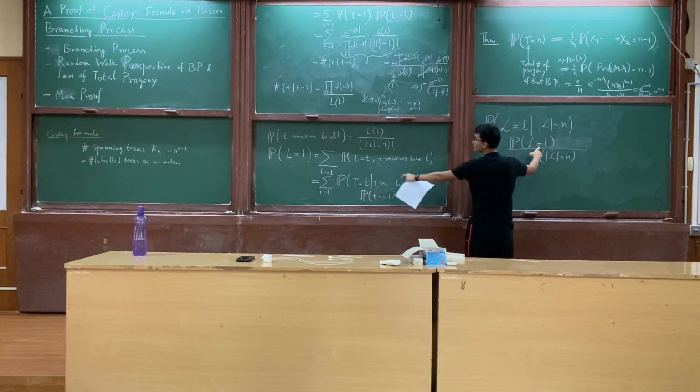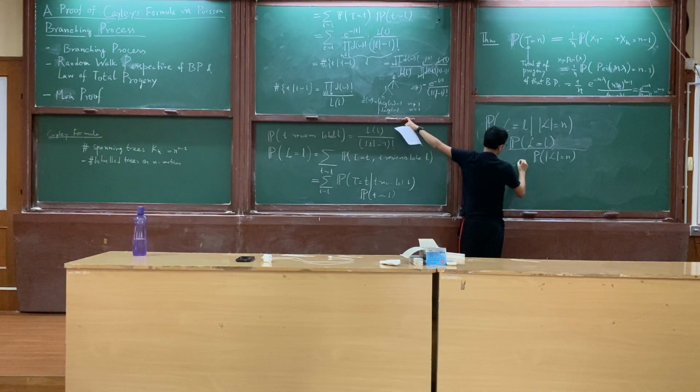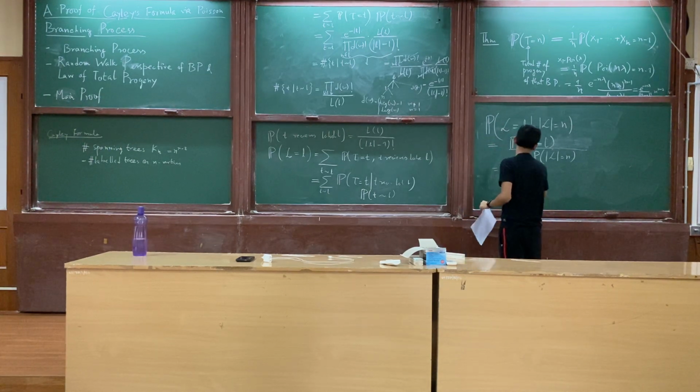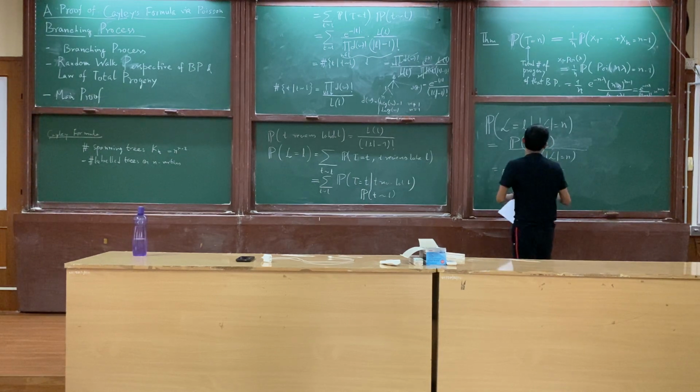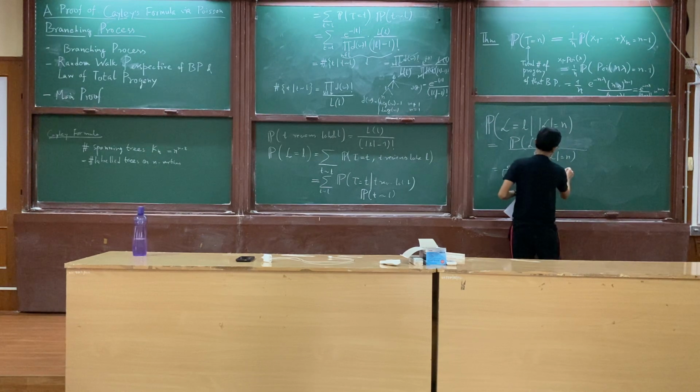As you have computed there, this is e to the power minus n divided by n minus 1 factorial, times the probability that the total number of progenies is n.